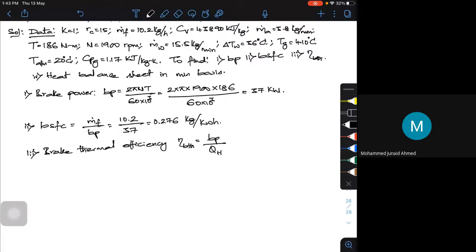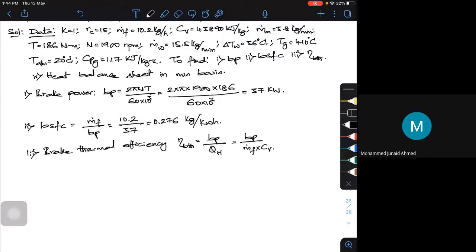What is heat supplied actually? It is the mass flow rate of the fuel into its calorific value. Here, if the numerator is in kilowatts, the denominator also should be in kilowatts. So I have to convert kg per hour to kg per second, so it should be 10.2 divided by 60 into 60, that is 3600. You have to be very careful how I am getting this value.